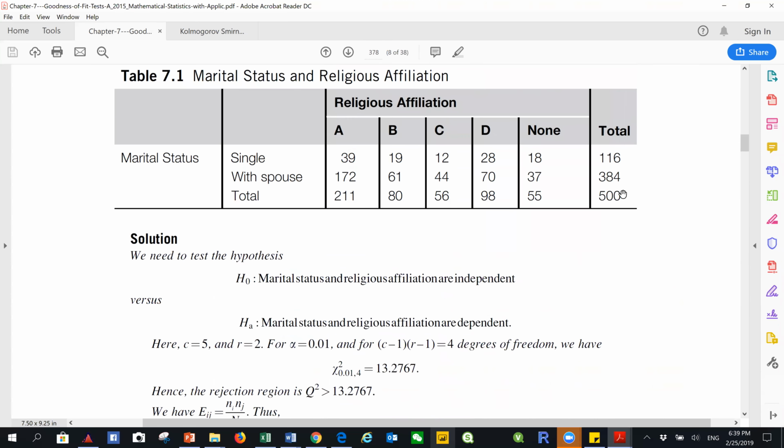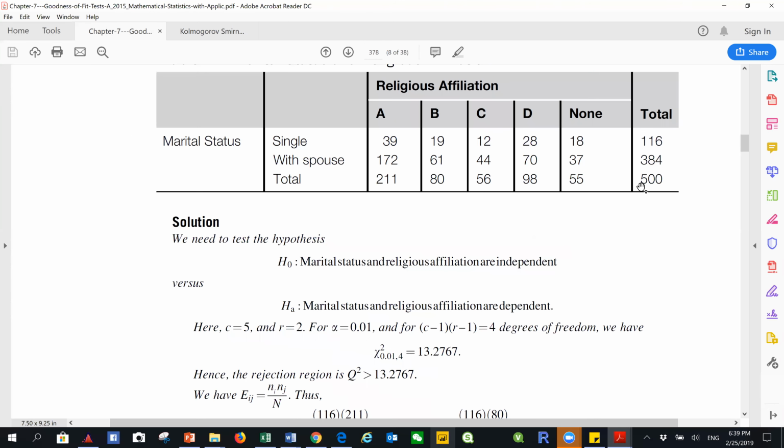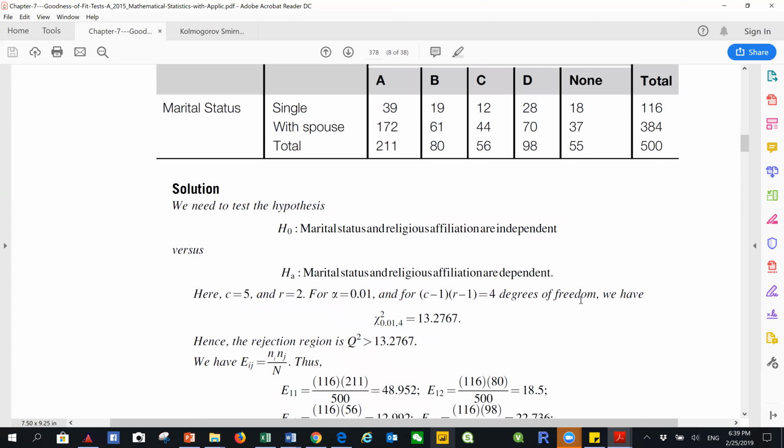In other words, why we do this is, look, if you divide 116 by 500, you actually get the expected distribution based on marital status. 116 over 500, 384 over 500, you get the distribution for marital status.